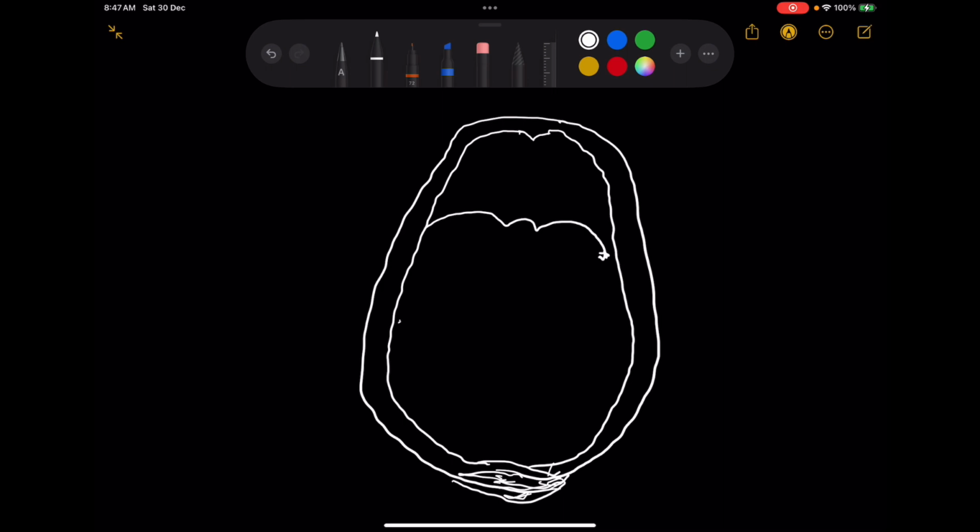Same way there is an edge of the petrous temporal bone, the posterior clinoid processes like this, and the free edge of the petrous temporal bone of this side. And this converts the inner space of the cranium into an anterior cranial fossa, middle cranial fossa, and posterior cranial fossa.